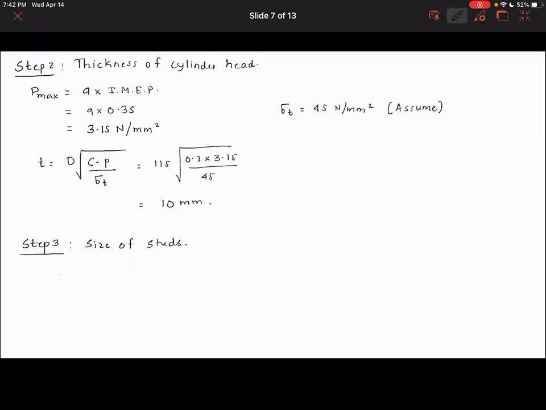The force acting on the cylinder is pi by 4 d square times p, which is the force, that is pi by 4 times 115 square times 3.15.